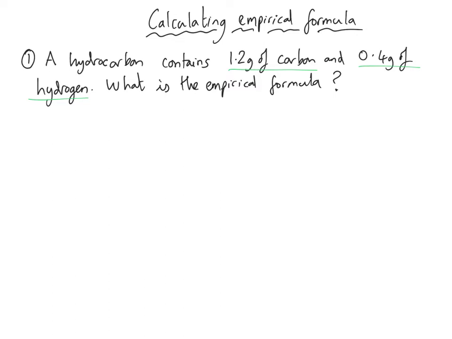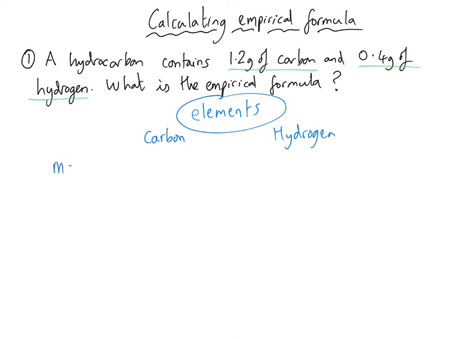Now I strongly recommend you always follow this same pattern, and so the elements go here in columns, and so we've got the element carbon and the element hydrogen. And then down the side we always have the same 4 things. We have mass, and then we have relative atomic mass, and we have moles, and we have mole ratio.